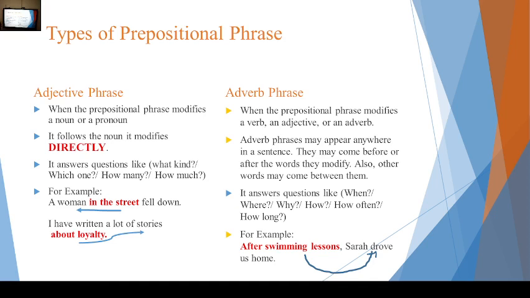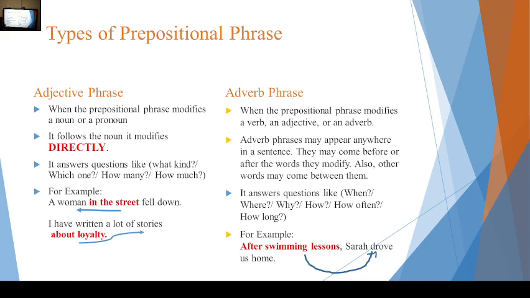Okay? Now, an adverb phrase, it's when you have a prepositional phrase that modifies a verb, an adjective, or an adverb. Okay? Unlike adjective phrases, adverb phrases may appear anywhere in a sentence. So it doesn't necessarily come after the word that it modifies.